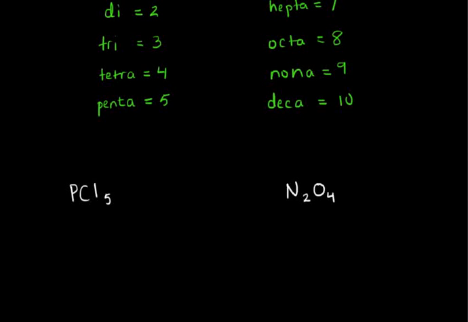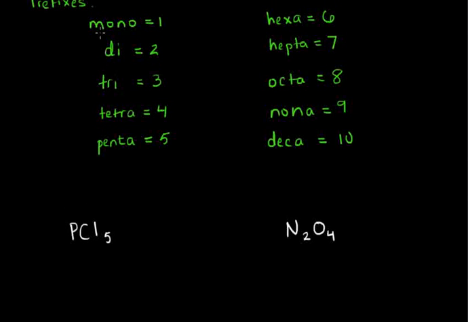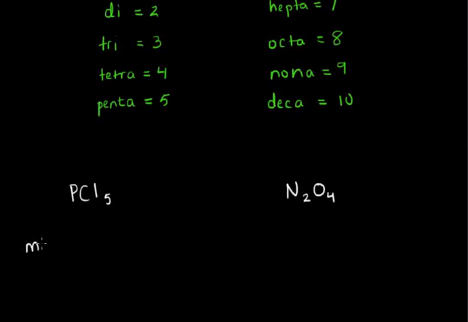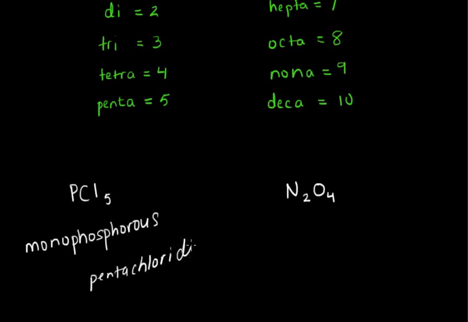So what might this compound be called? Well, if we use our rules, we know we've got 1 phosphorus and 5 chlorine atoms. Our prefixes for 1 and 5 would be mono and penta. So, theoretically, this should be monophosphorus pentachloride. And this is almost correct. There's one conventional exception which makes this slightly incorrect.